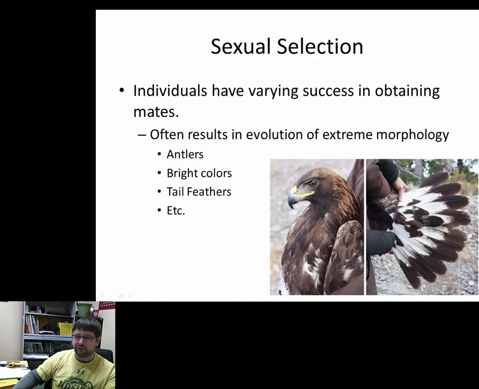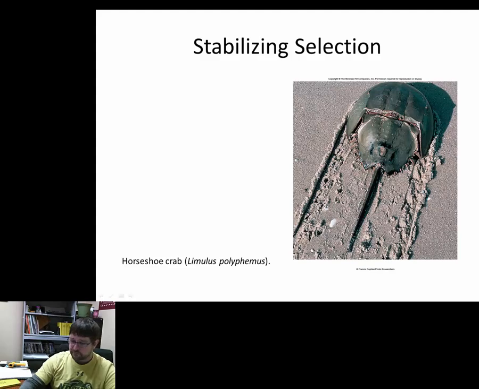And if you knew what you were looking for, you could probably individualize birds based on the color of their tail feathers when it comes to things like golden eagles or other birds that have a kind of modeling to their tail or to their breast for that matter. It doesn't really matter.